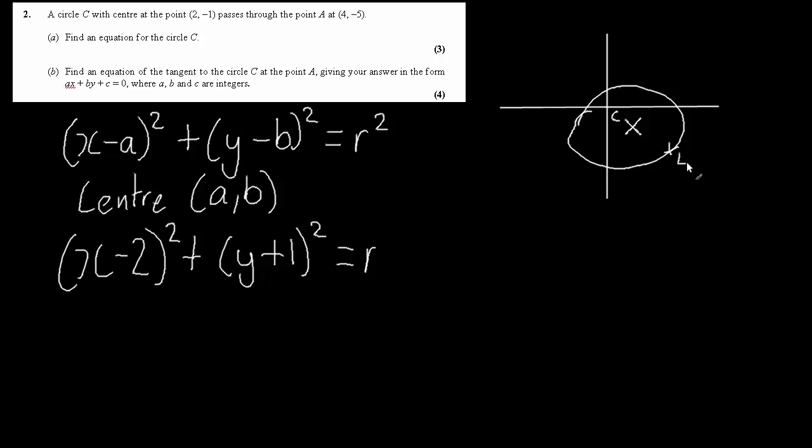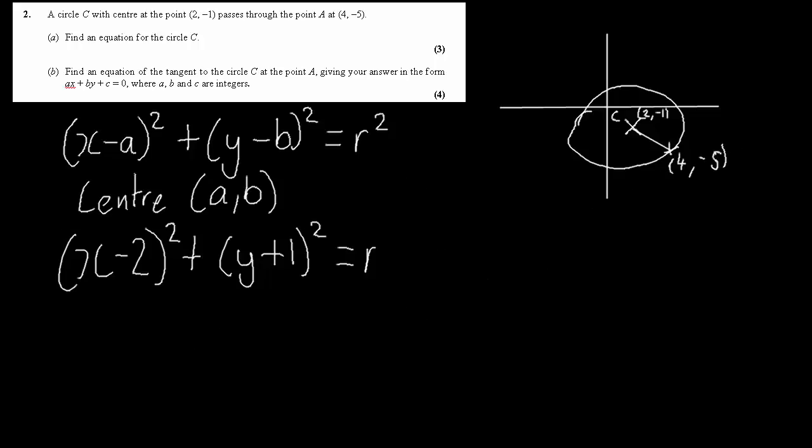So that's 4, minus 5, and our centre is 2, minus 1. To find the radius, all we really need to do is find the distance between these 2 points. We can find the length of that line, and that will give us our radius.